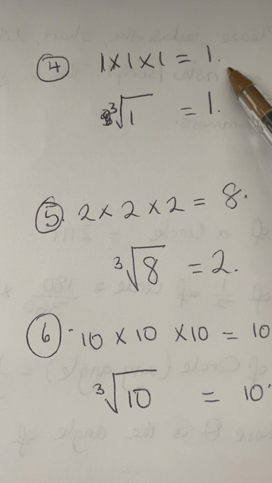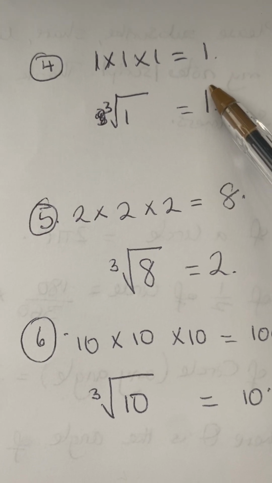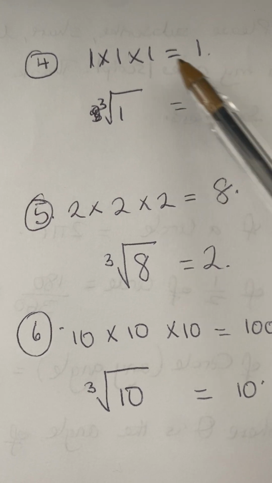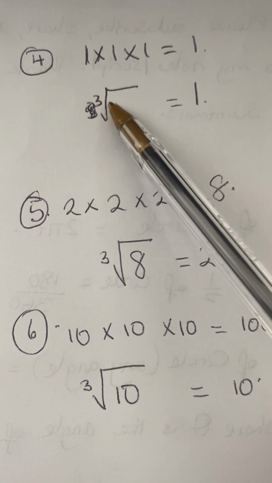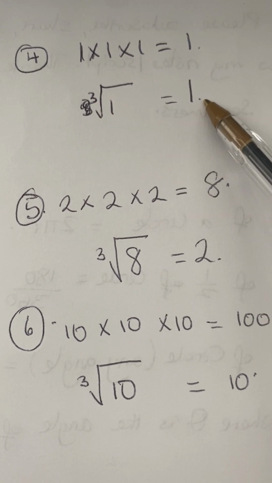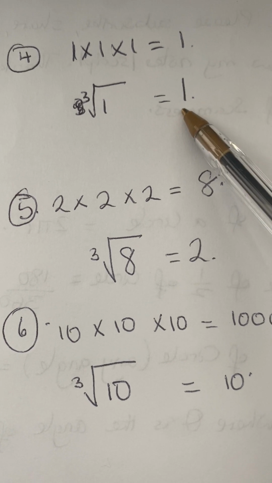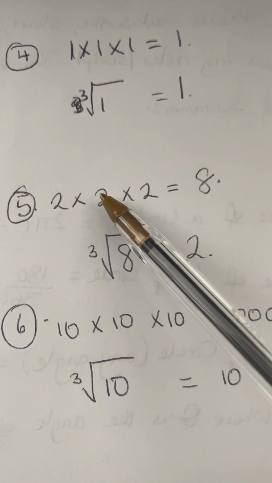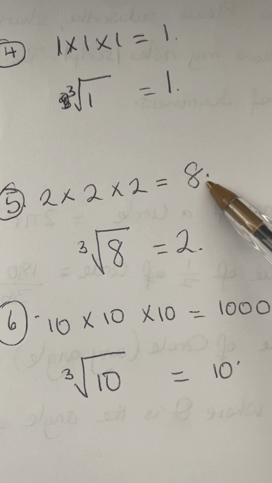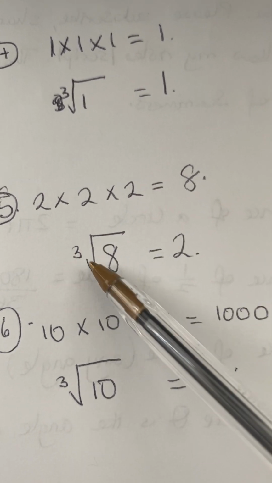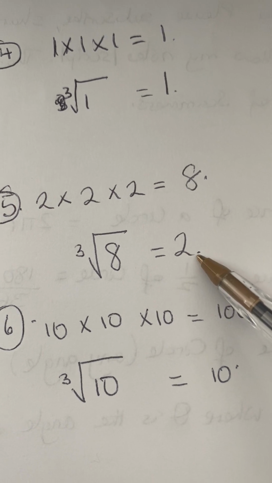If you multiply 100 times, it's still 1. But here, I wanted to show you that the cube root of 1 is 1, not 3. 2 times 2 times 2 is 8. Therefore, the cube root of 8 is 2.